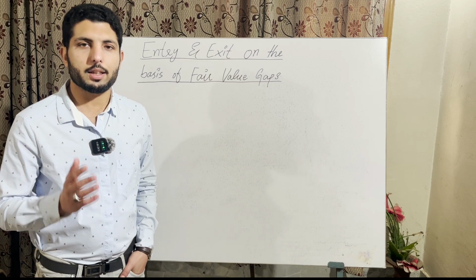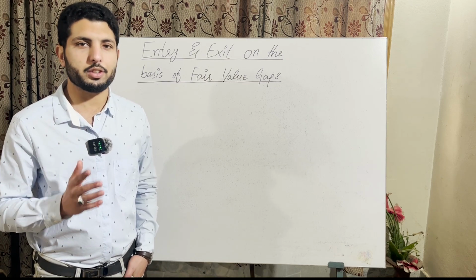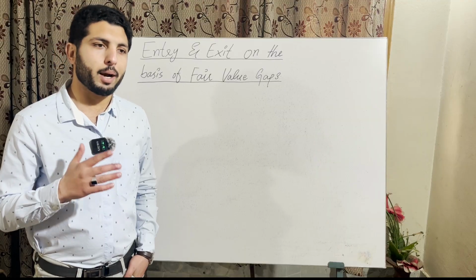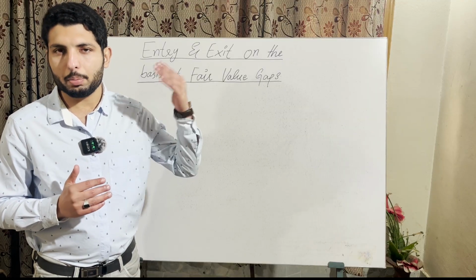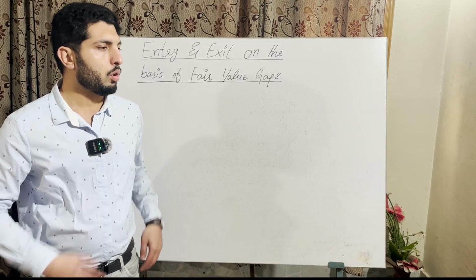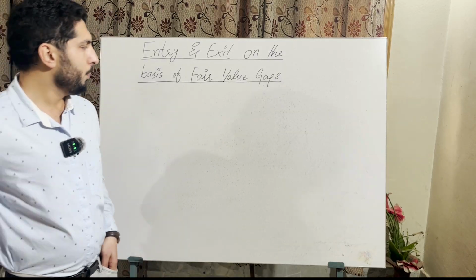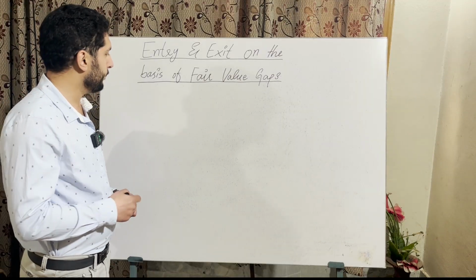I would say the best we could make out of fair value gaps is to trade them in trending markets. By trending markets, I mean the markets are either trending to the upside or trading to the downside. So, what we would do, we would place the Fibonacci retracement.